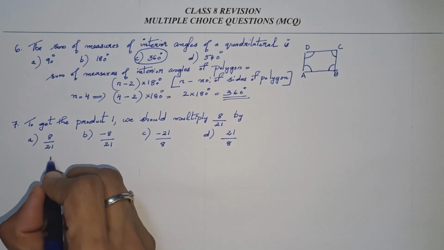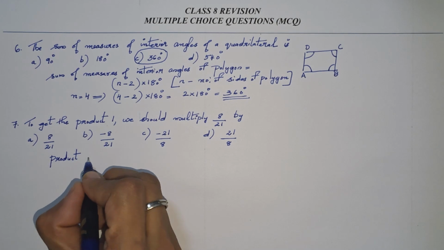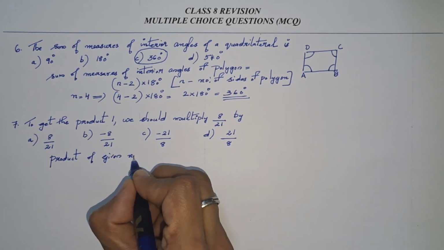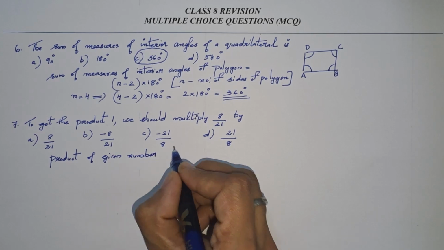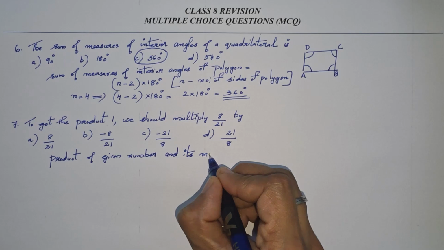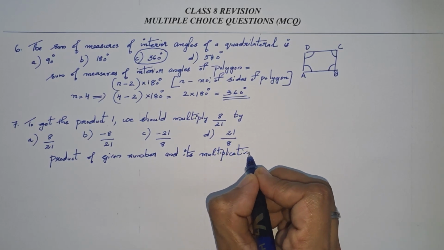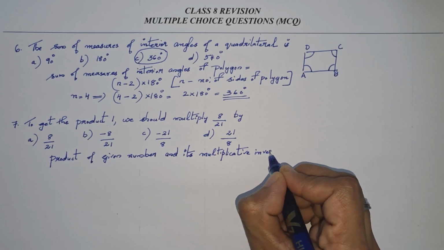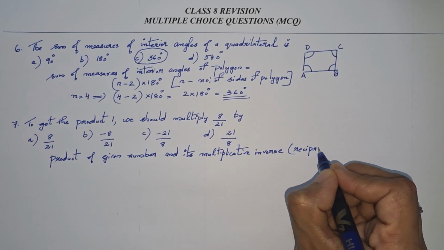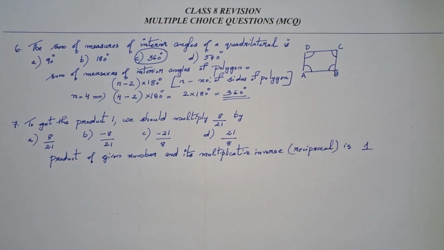We know that the product of a given number and its multiplicative inverse, also known as reciprocal, is 1.